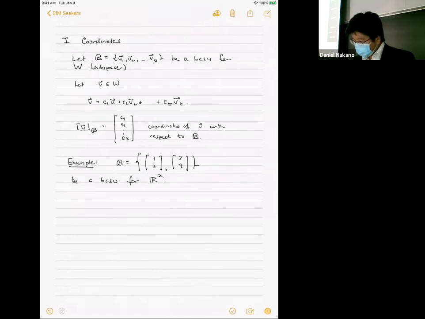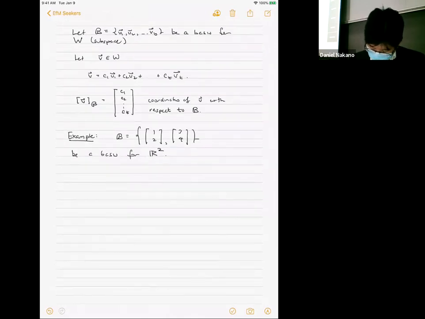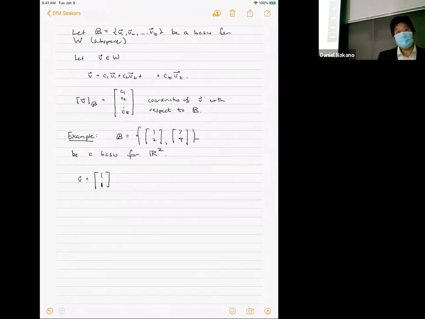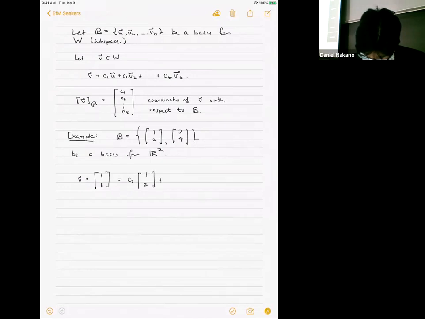And let's say I have a vector V given by (1, 1). What I want to do is write this vector V as a linear combination of elements in B. So I want to write it as C1 times (1, 2) plus C2 times (3, 4).